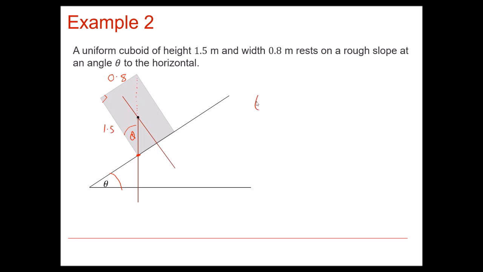So I know that tan of theta is 0.8 over 1.5. Take the inverse tan of that, and we find that theta is equal to 28.1 degrees.